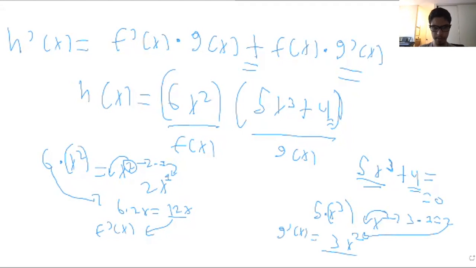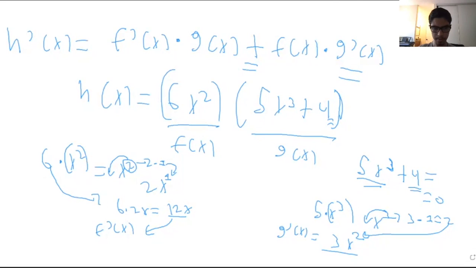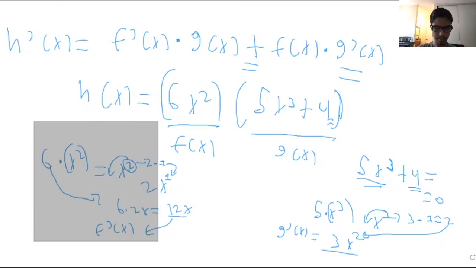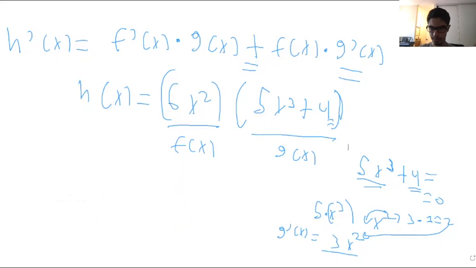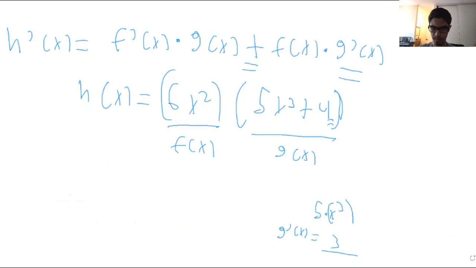So f prime of x was 12x. So let me make things nicer here with more room. Let me remove this, it's all messy. Okay, awesome.